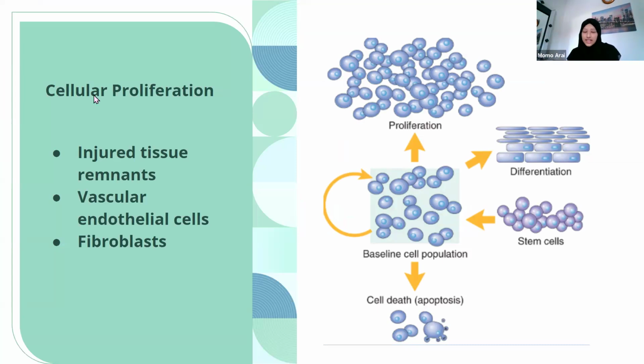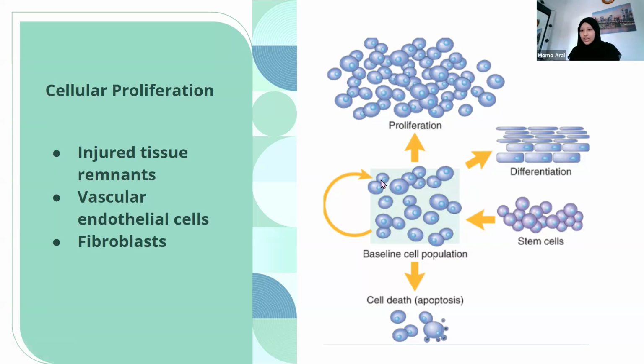Again, healing in general involves cellular proliferation of what type of tissues or cells? The injured part will involve blood vessels, and it will involve fibroblasts in the extracellular matrix. So everything together: the cell itself and the surrounding area.